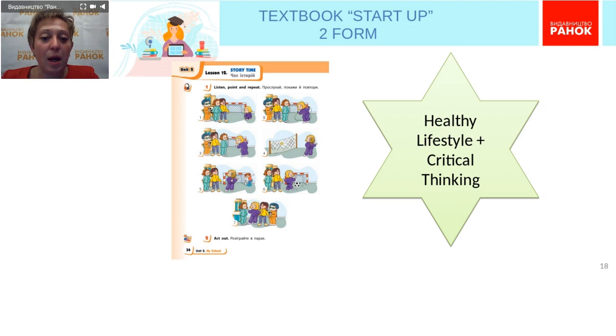Well, so for those who have just joined us today, I will repeat that our textbook has got a Story Time page at the end of every unit. And of course, we have got the recordings of all these stories. So how can you use them? First of all, you ask pupils to describe the pictures. You ask different questions about where the children are, how many children your pupils can see, and so on.